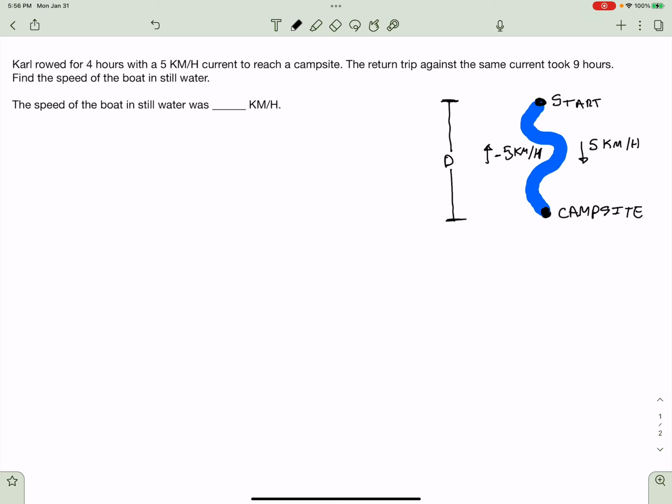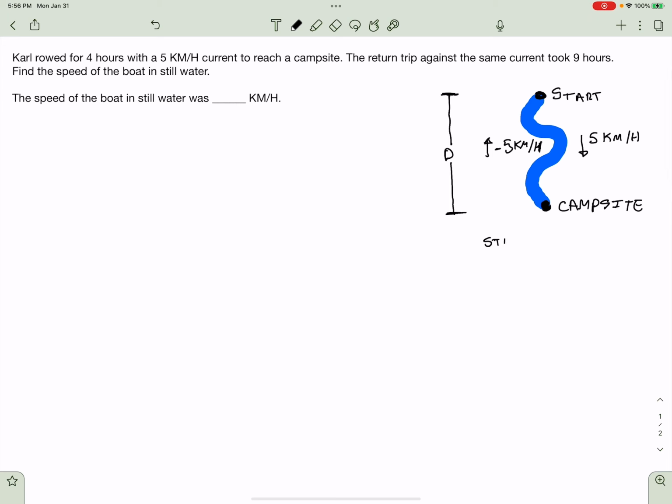And even when I use rate times time to find the distance from start to camp, that is going to equal that distance. And if I go backwards from camp to start, that's going to be the same distance.